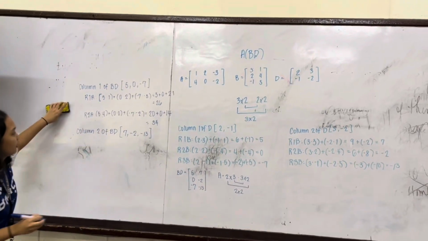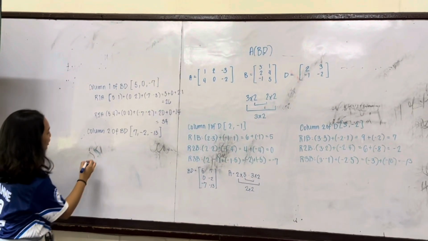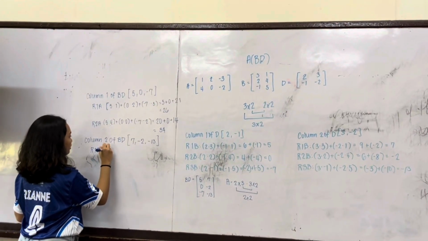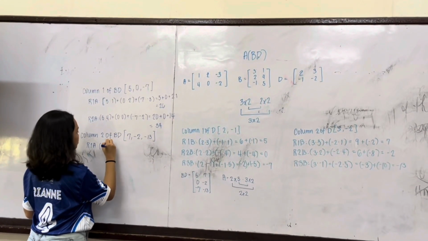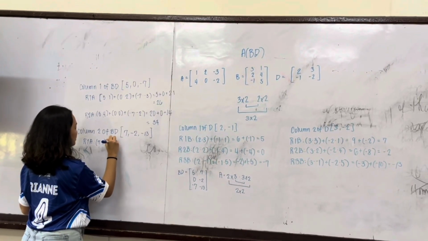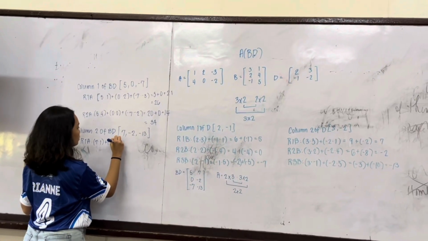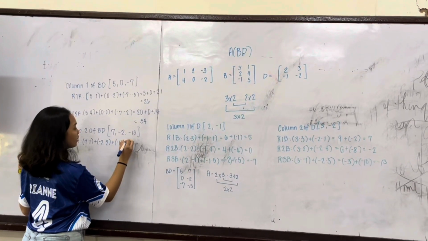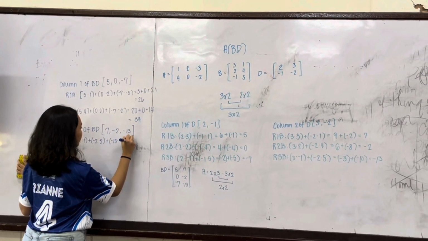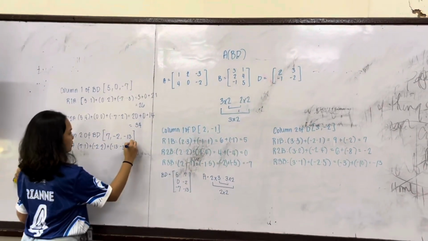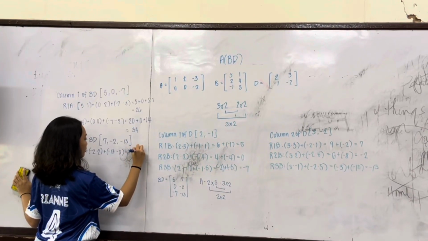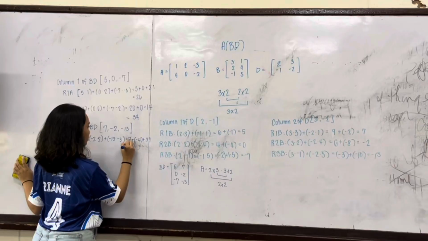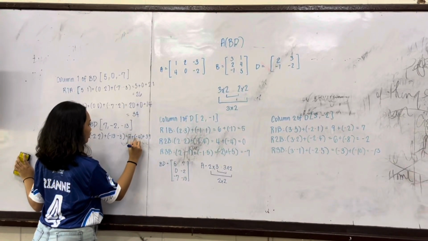We do the same thing, we multiply by each row in matrix A. Row 1 of matrix A, 7 times 1 plus negative 2 times 2 plus negative 13 times negative 3, giving us 7 plus negative 4 plus 39, which gives us 42.